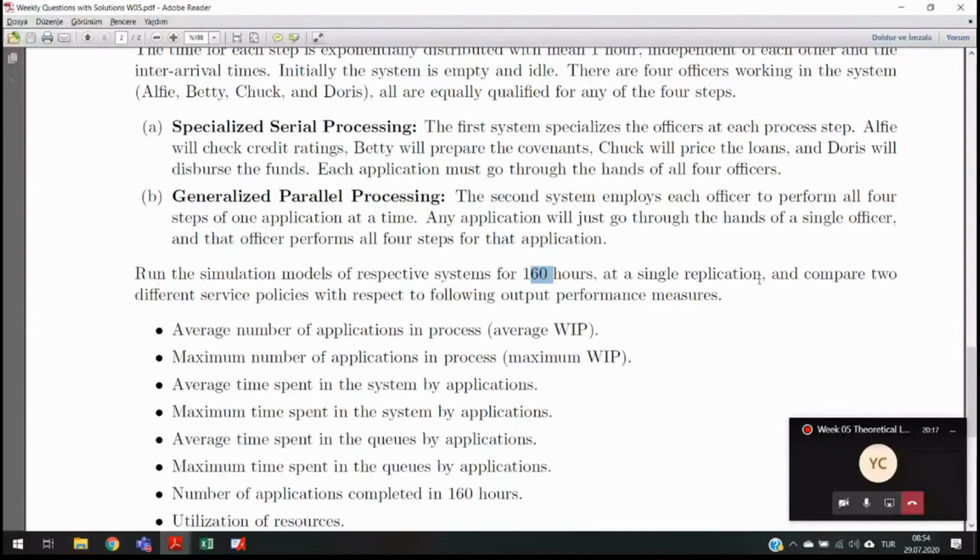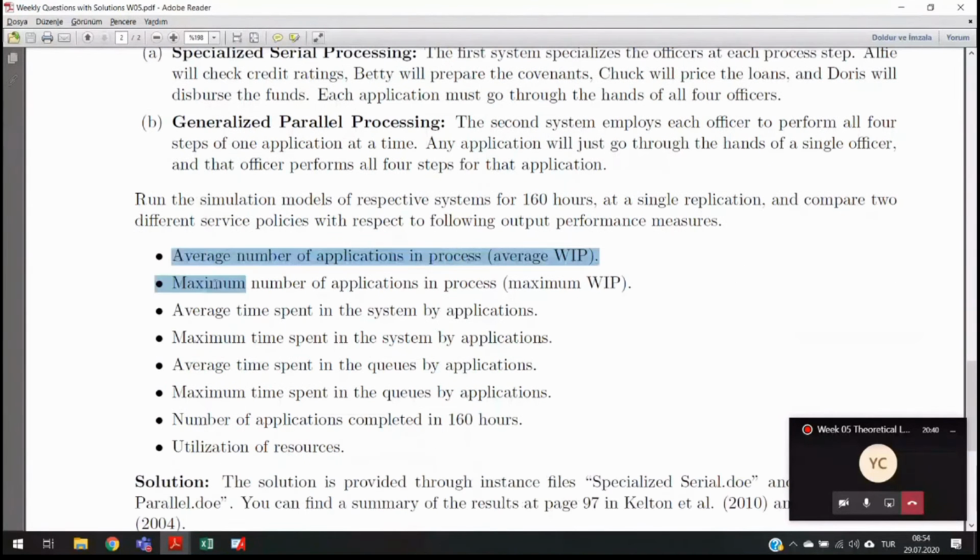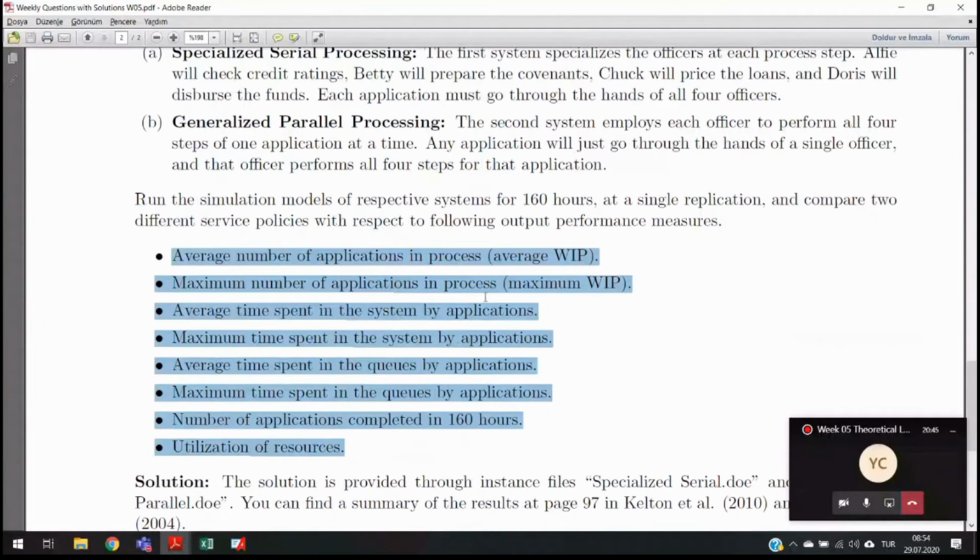If this is not going to be very long, and if we only have a single replication, most probably we are not going to get any confidence intervals in the statistical results. And then we are going to compare these two systems according to their performance metrics listed here, which I'm not going to read right now. So let's develop the simulation models first. After developing the simulation models, we are going to write these performance metrics one by one.